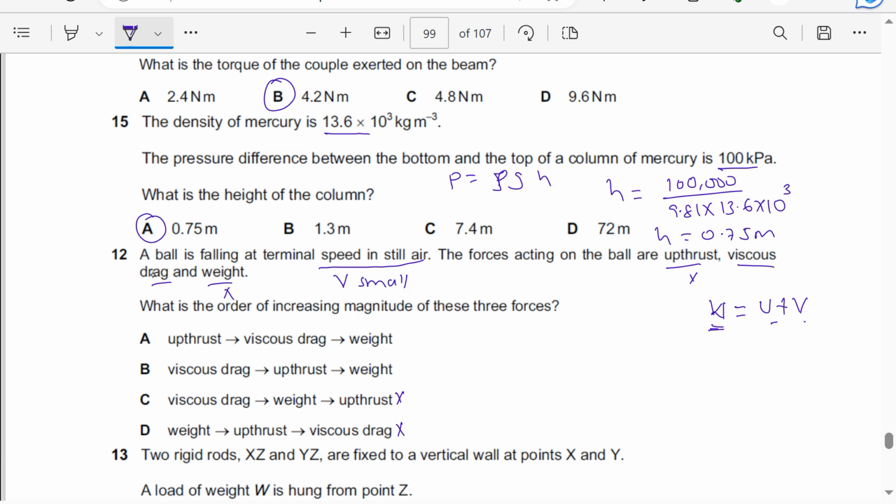But remember, upthrust depends on the difference in pressure on the top and the bottom, and this will depend on the height or the dimensions of the object. So the smallest is going to be the viscous drag, followed by the upthrust. The weight will be the greatest. So the answer is going to be B, because in still air the viscous drag is small.